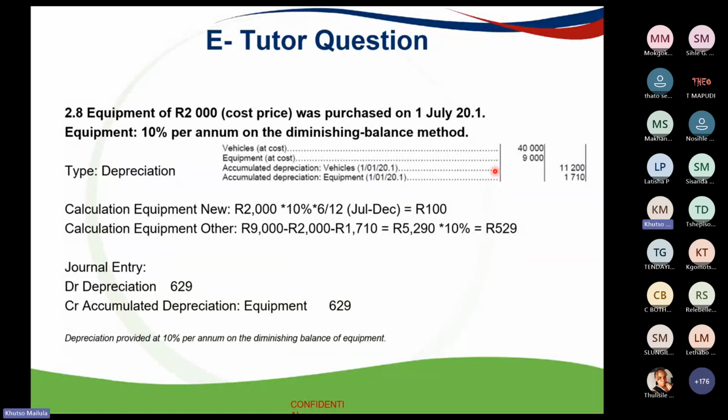And then, because it's diminishing value, we're also going to take out the accumulated depreciation. Then we have our 5,290, and we're going to multiply it by the 10% depreciation that we were given. Remember we purchased at mid-year, so we're going to calculate depreciation on the 2,000 Rand apportioned to 6 months, because it doesn't cover the 12 months. That's the reason why we're doing it. I hope I'm clear.